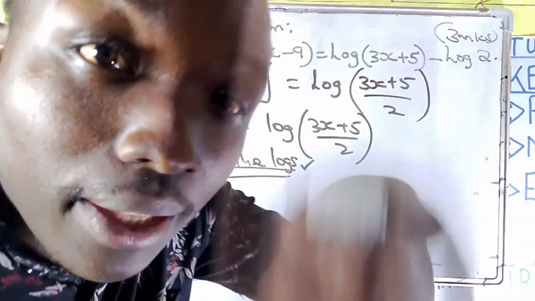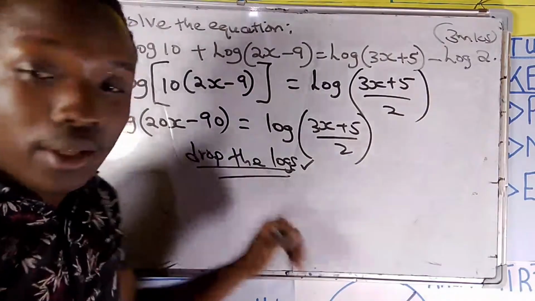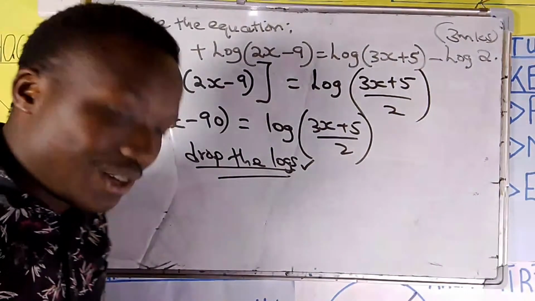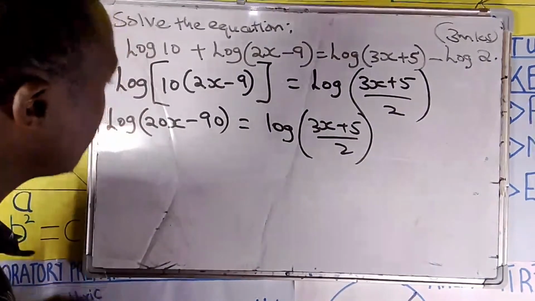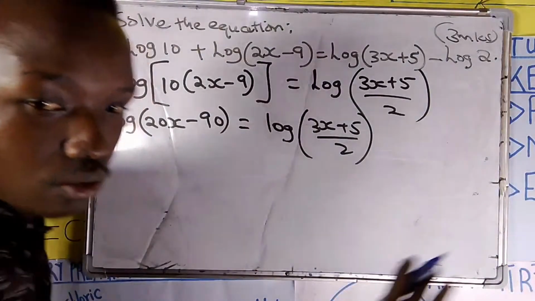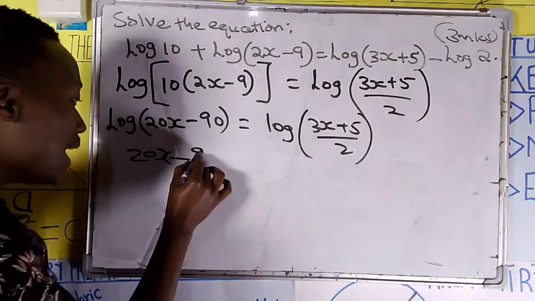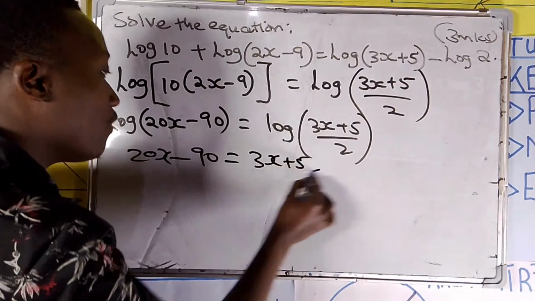You drop the logs. Even if you are not going to write drop the logs, just leave them. Don't cancel. You take 20x minus 90 is equal to 3x plus 5 over 2.